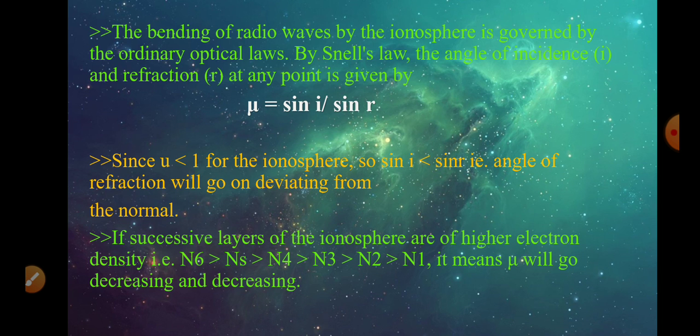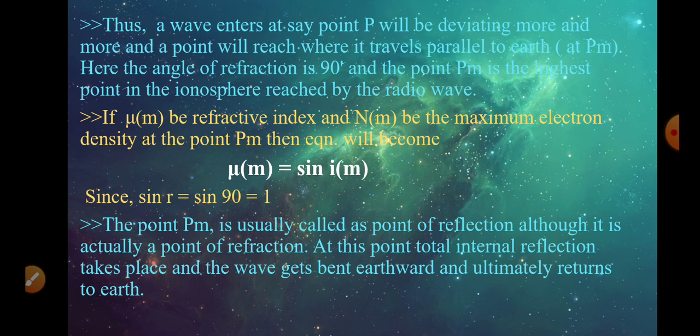Thus, a wave enters at a point, say a point P, and it will deviate more and more, until a point is reached where the wave travels parallel to the Earth's surface, which means the angle of refraction becomes 90 degrees. In that condition, mu m will become sine i.